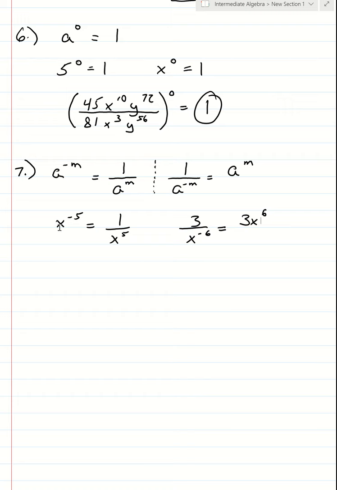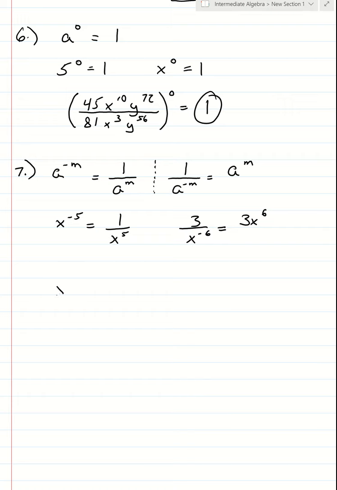Notice, once again, I changed the location of the variable. X went into the numerator, and it changed the exponent from negative to positive. I had to get rid of this x to the negative sixth power. I didn't do anything with the 3. All I did was move the x from the denominator up to the numerator, and that also changed the exponent from negative to positive.